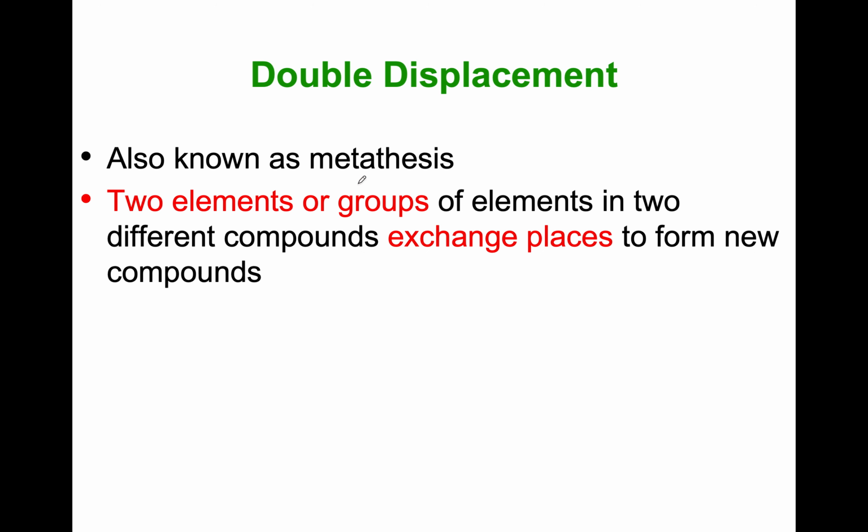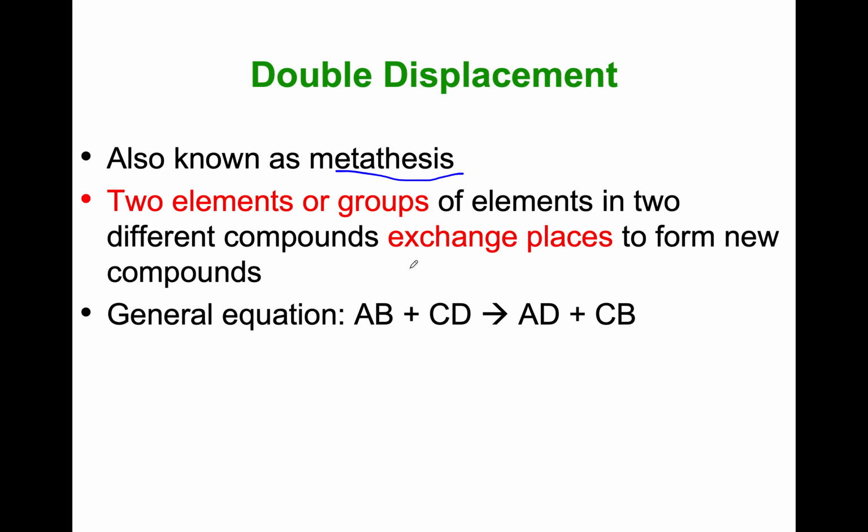Double displacement, also called metathesis. Maybe this is even weirder, I don't know, but if you think about this one, double date. A, B, C, D, they go out on a double date, life is good, and realize, wait a minute, I'm much more interested in the other person. Okay, so take a look. The metal C combines with the nonmetal and the other substance.